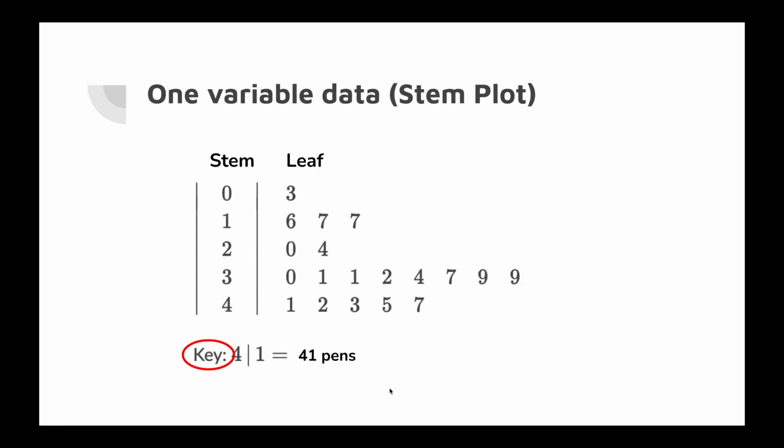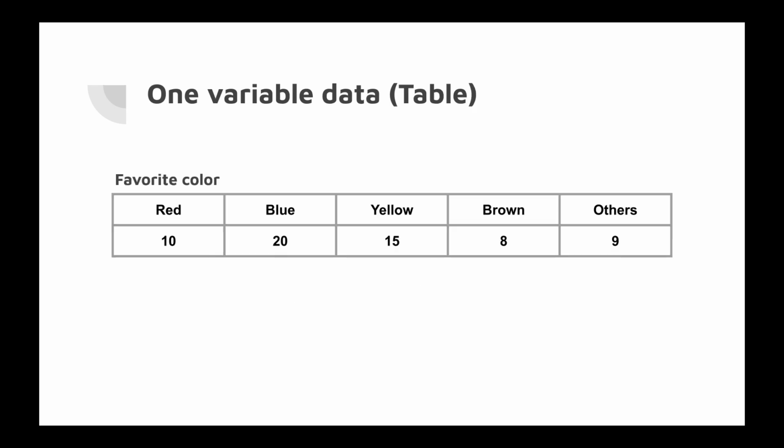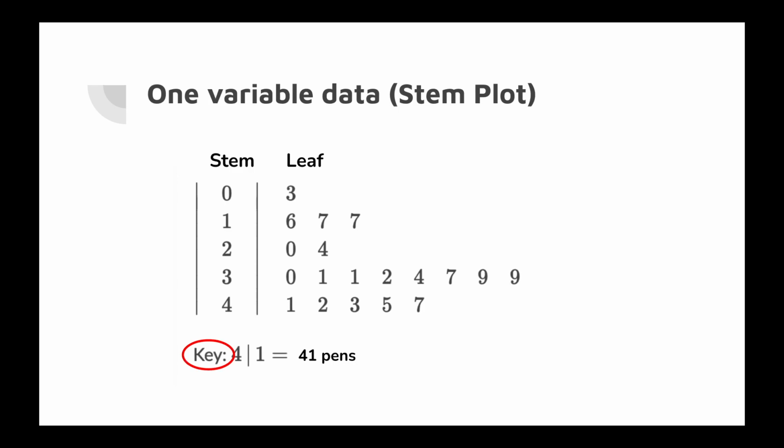It is also really important that we add a title to every single graph. And especially for a stem plot graph, we have to include something called a key. A key is a way that the graph shows how stem and leaf work.